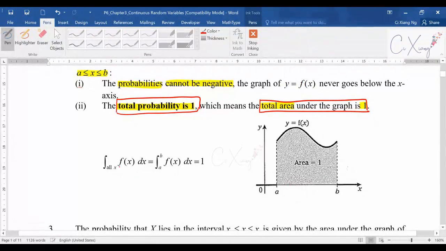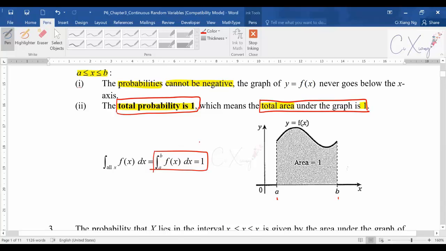Okay, so the first important information is, when you integrate, because it's the area under the graph, when you integrate from A until B, with the limits, covering the function, if you do the integration, you get the area. So you know that this area equals 1. So this is the first important information that you need to know.